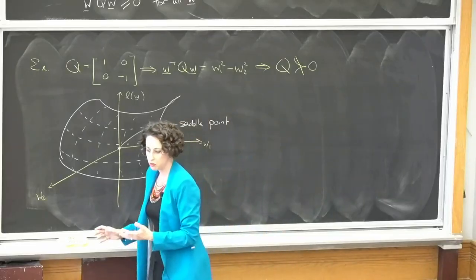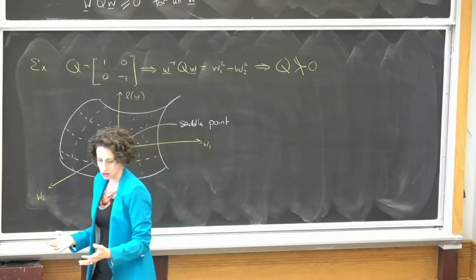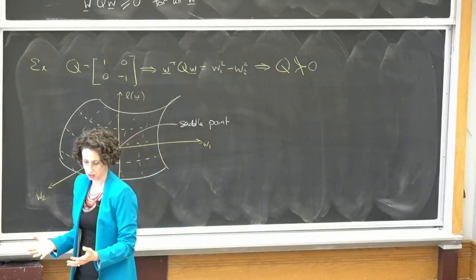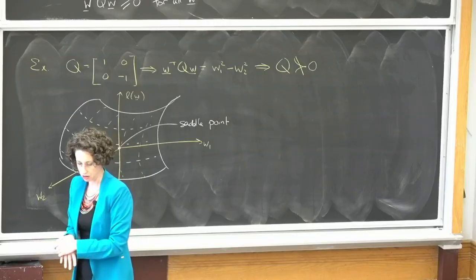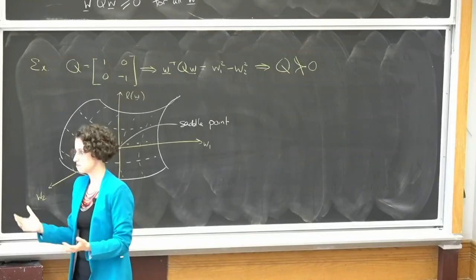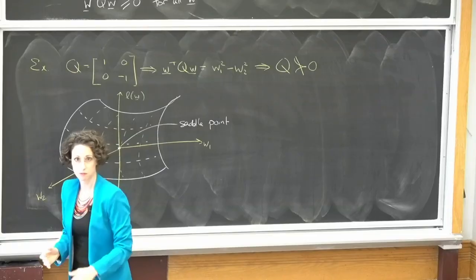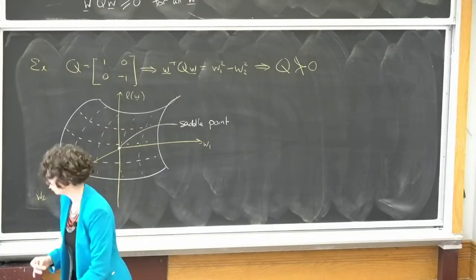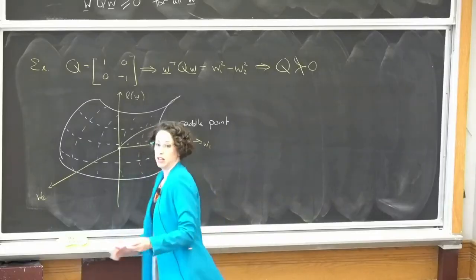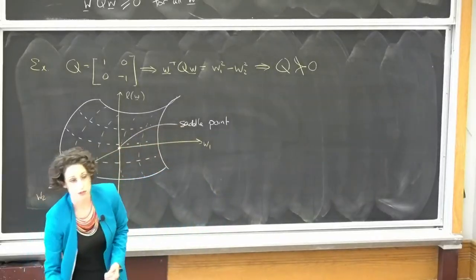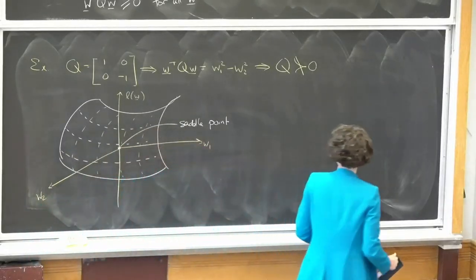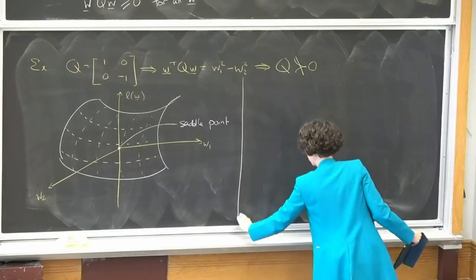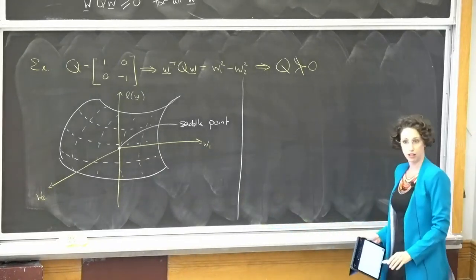Fantastic question. And we can do more complicated Q matrices that also connect to these concepts. Okay, so within the notes, there's a number of different properties of semi-definite matrices, and we're not going to go through all of them here in the lecture.